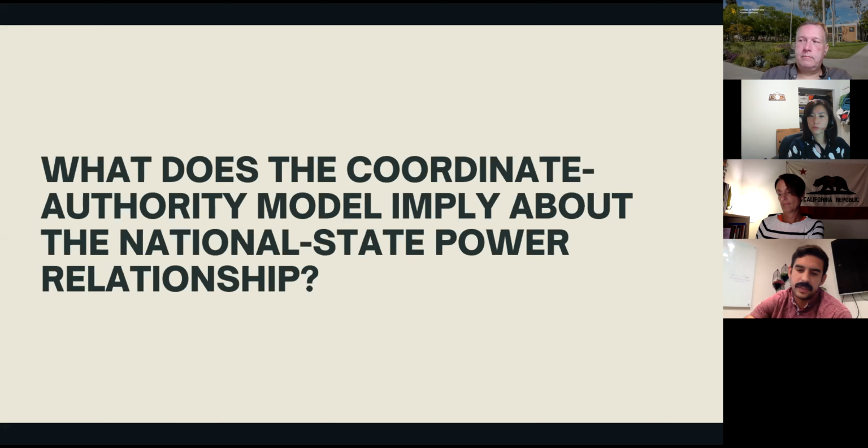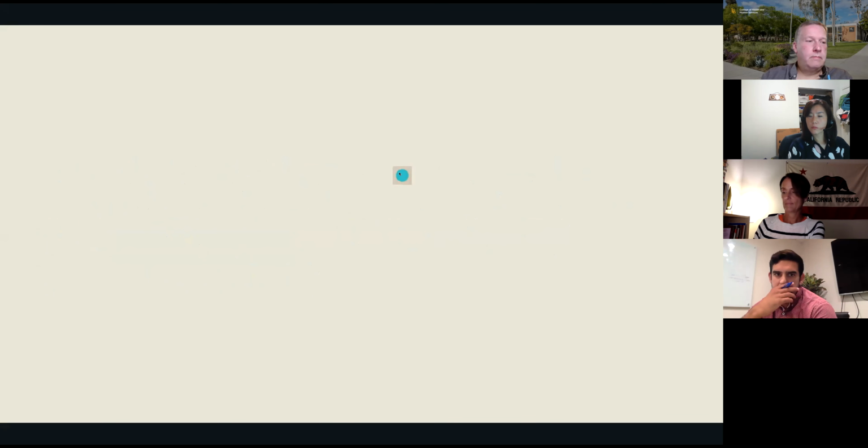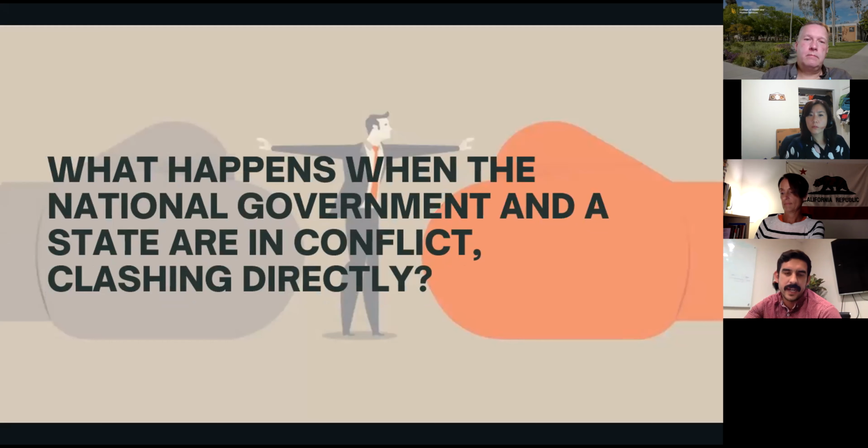But then you look at it, what happens in the case where you have a conflict between the national government and the state, and there's a clash between the two? So in the article, Wright presents two separate court cases, one that represented autonomy, where there was a separation of the national and the state, and then another where there was a sign of the national government having power over the state and having some control.